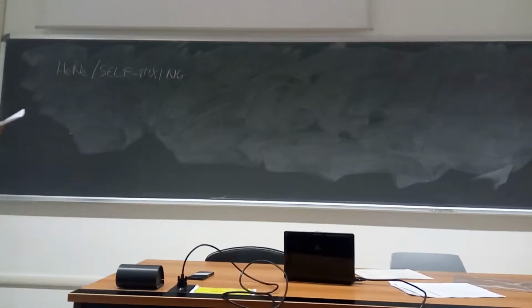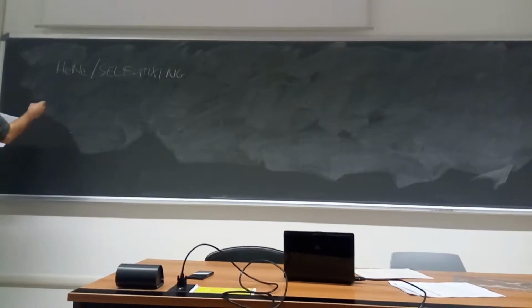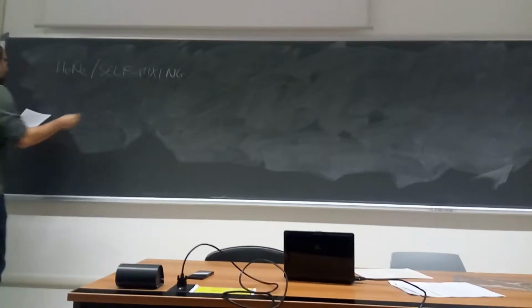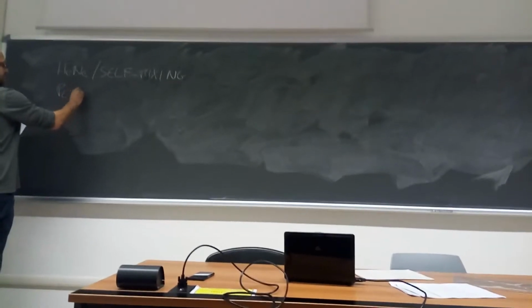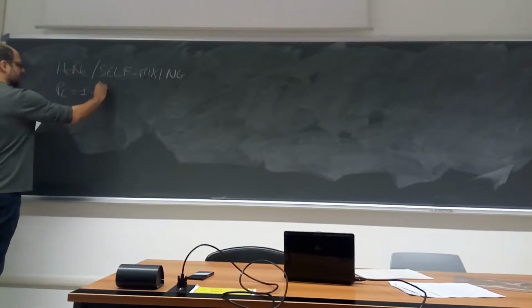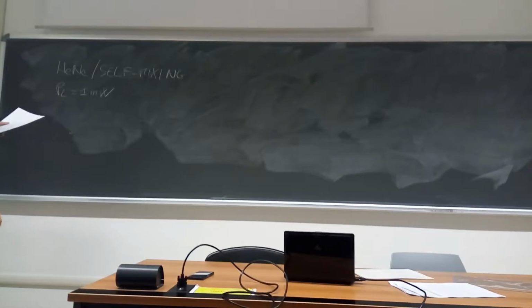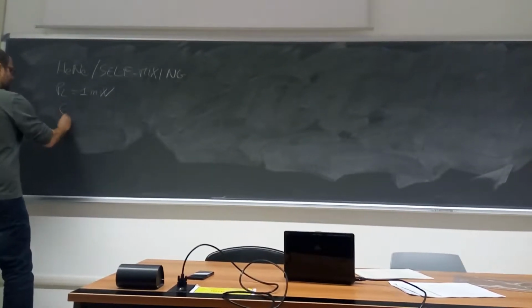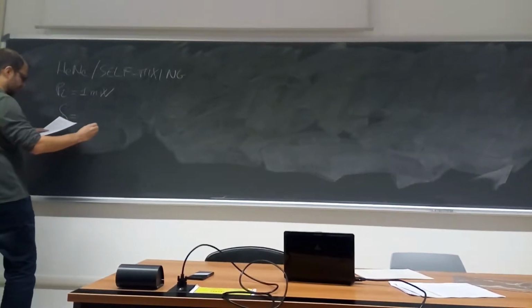We use a Heaney Zeeman, so this is the setup that we have seen last time. In particular, the power that is emitted by the laser is 1 milliwatt, and we're working on a diffusive target with a D coefficient that is equal to 1.